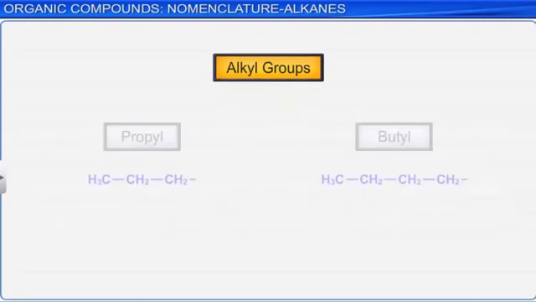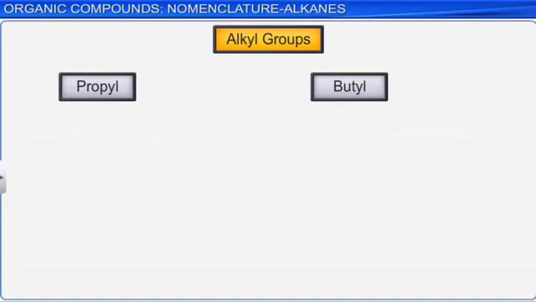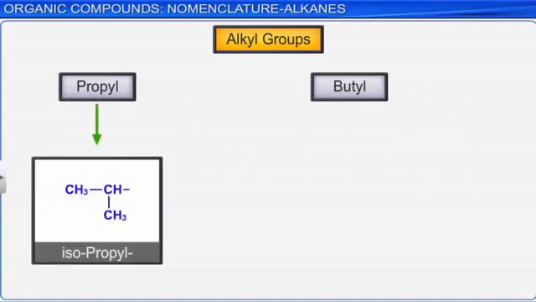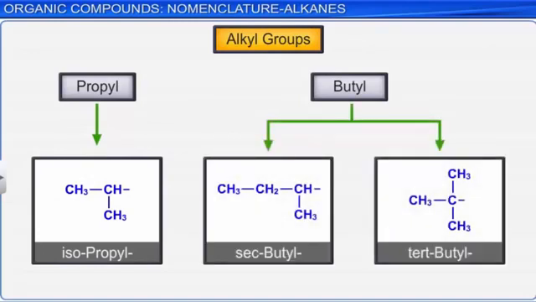For example, propyl and butyl groups can have the following structures. The trivial names given for these structures are isopropyl, secondary butyl, and tertiary butyl, as the carbon atom is attached to other 2 and 3 carbon atoms respectively.